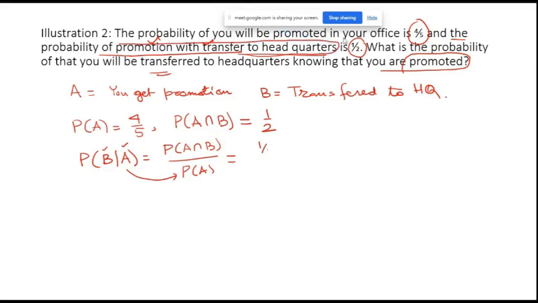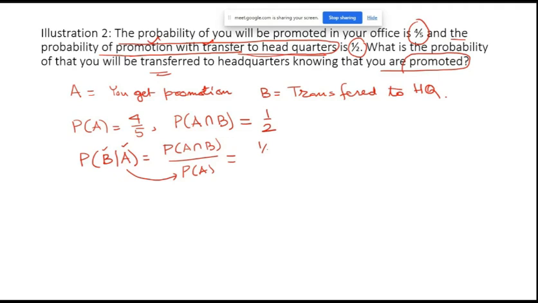Promotion is given here. Your chance of promotion in the office is 4 by 5. That means there is an 80% chance that you are getting promotion, because you have satisfied all the criteria for promotion. So it is highly unlikely that you will not get promotion. But along with promotion, you may get a transfer also. Whether you like it or not, that is a different issue. So that is in the second part of the line.